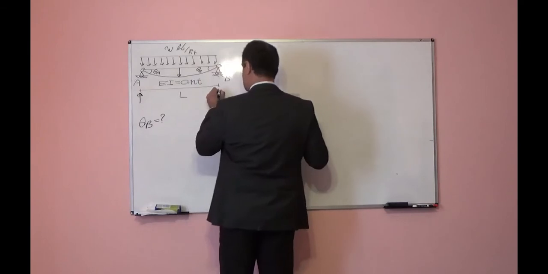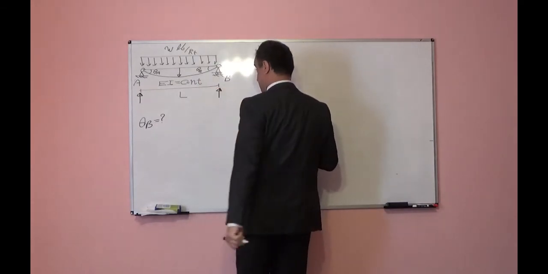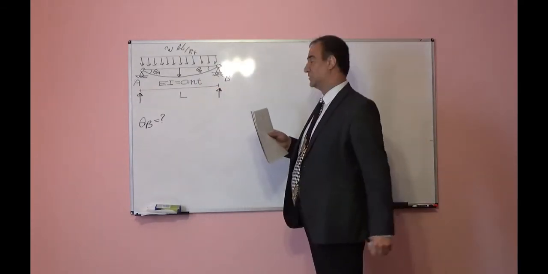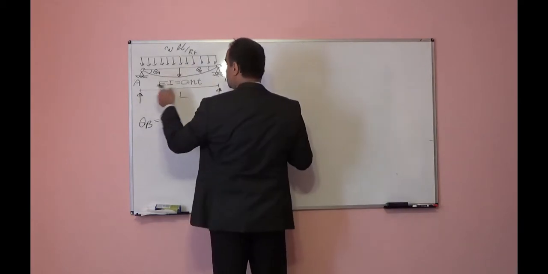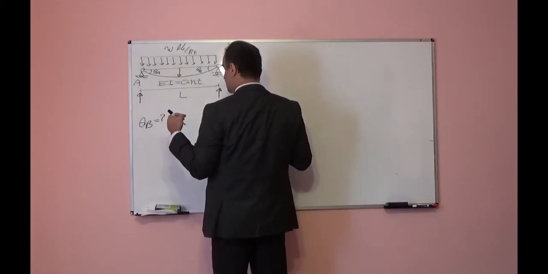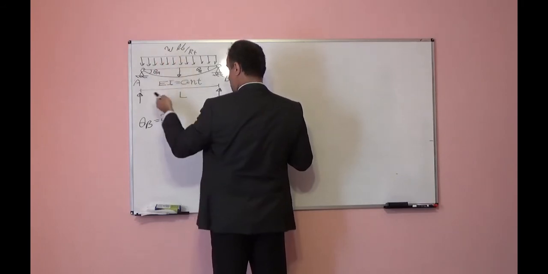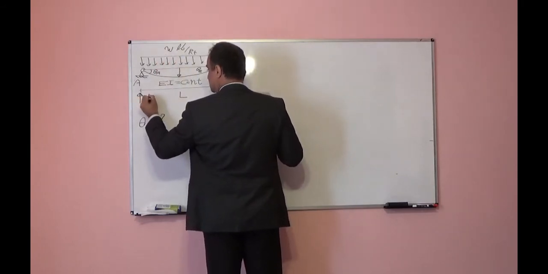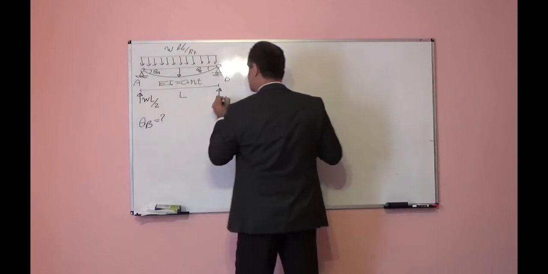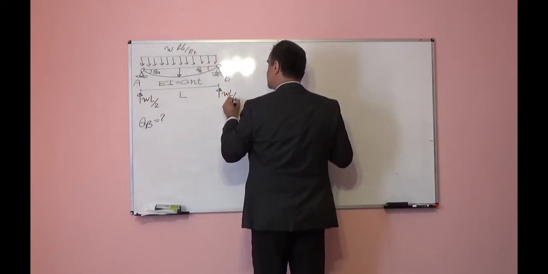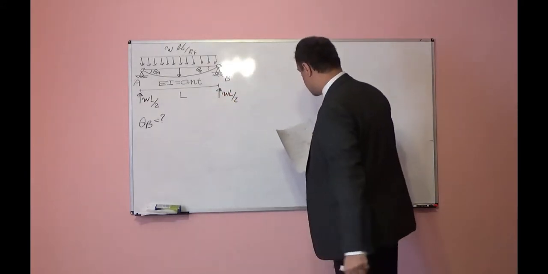The reaction for a simply supported beam subjected to uniform distributed load will be W times L divided by 2, because the entire load downward is W times L. Because it is symmetrical, the contribution of each support will be WL over 2.